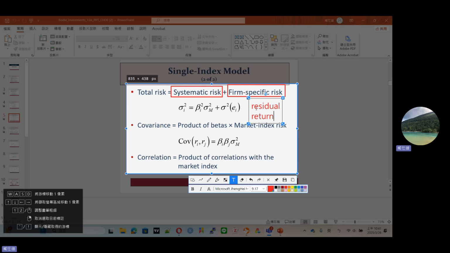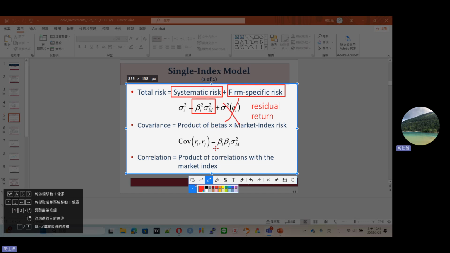If you don't understand this, don't worry, because this is about the firm-specific risk. If your portfolio becomes larger, then this risk will cancel out each other. So finally, you will see only the systematic risk. We don't have this term anymore.